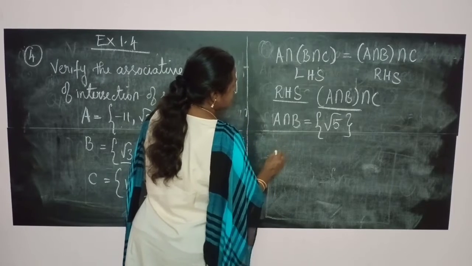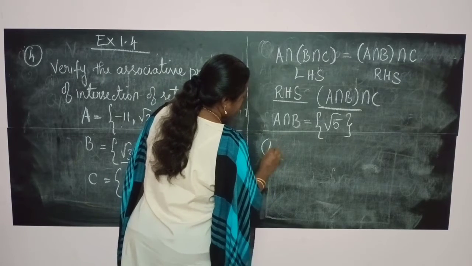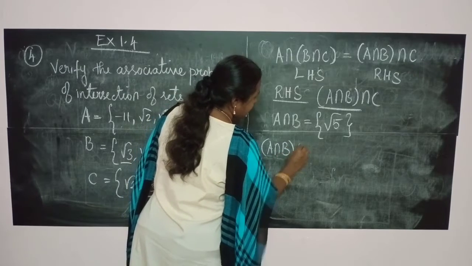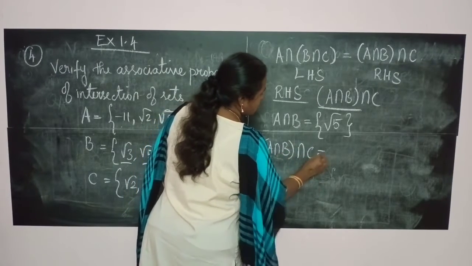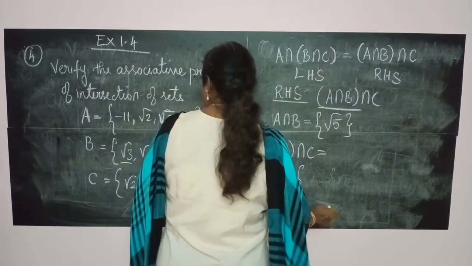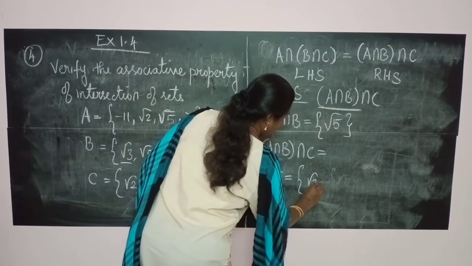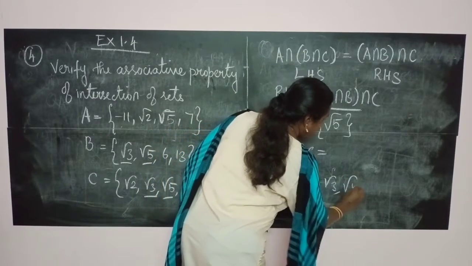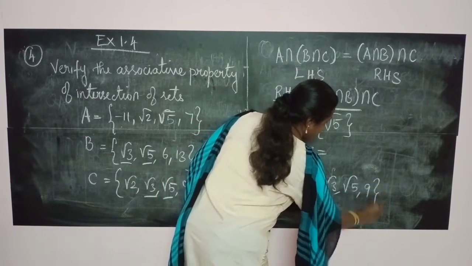Okay, next, within the bracket A intersection B, next intersection C. So that is C. What are the elements in C? Set C: root 2, root 3, root 5 and 9, isn't it?